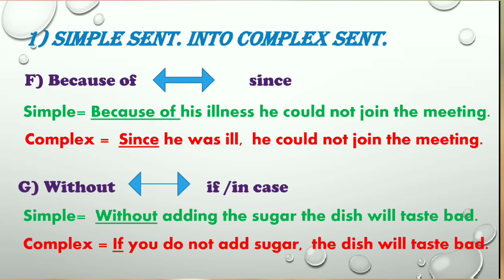Now the complex sentence will be like this: if you do not add sugar, the dish will taste bad. The meaning will remain the same and we just remove without and use if to transform a simple sentence into a complex sentence and vice versa.